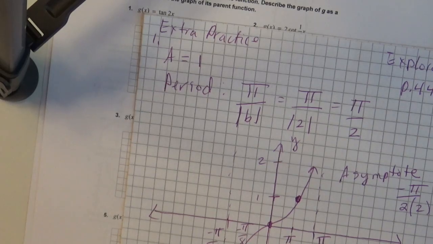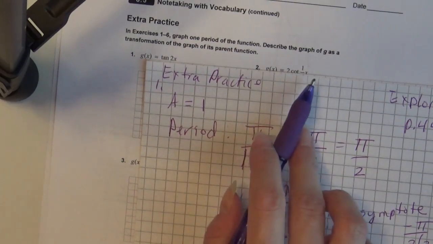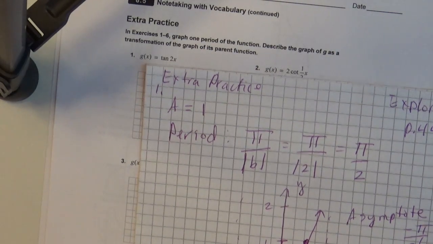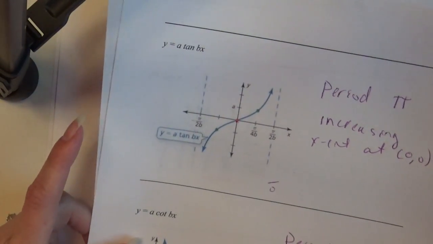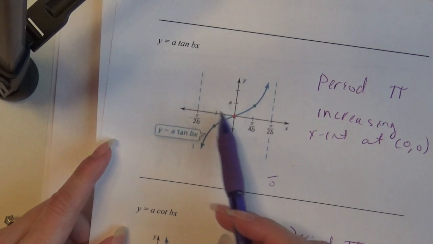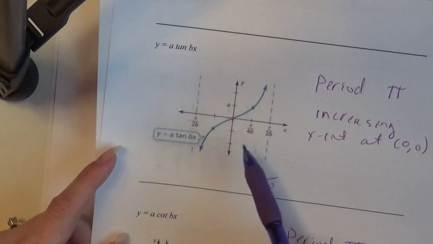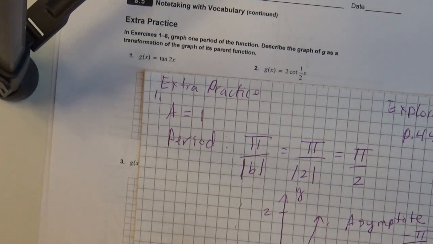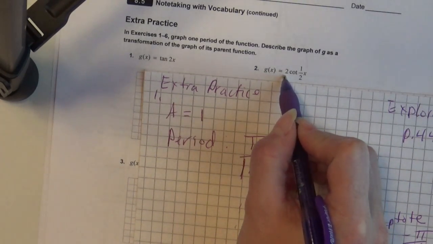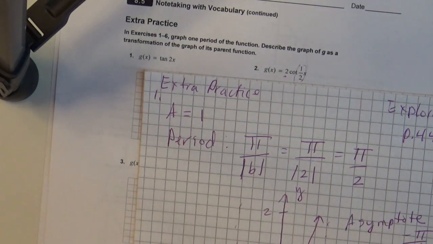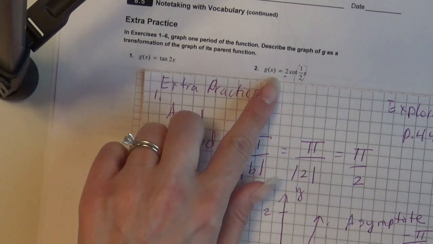Yes, they want us to describe the graph of g as a transformation of the graph of its parent function. Okay, well, this was the parent function. This was tangent. Parent just means that was the original. How does that compare? Well, if you go back and look at your amplitude and b, we can find the number out front.